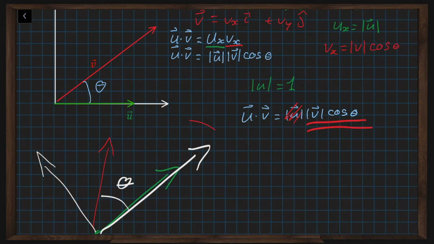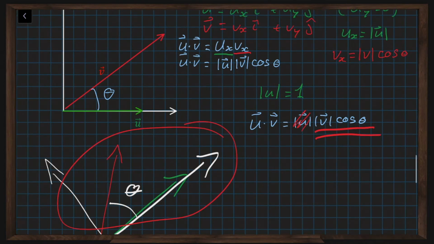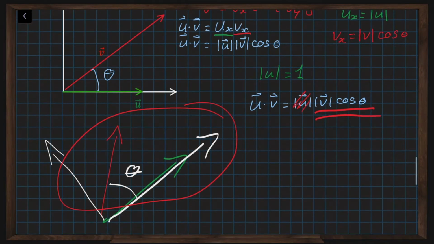Or if we think about all of this, it is the component of v that lies along u. So another way of thinking about the dot product is that the dot product represents the component of one vector that lies along the second vector multiplied by the magnitude of that second vector.